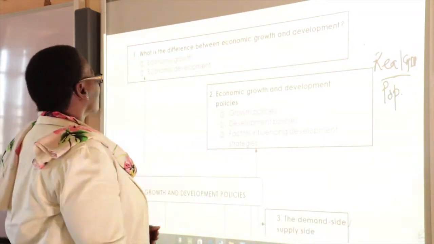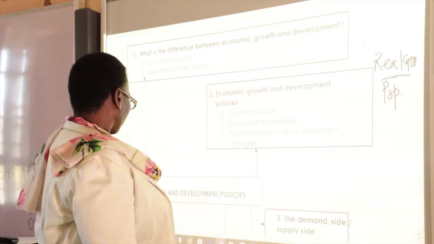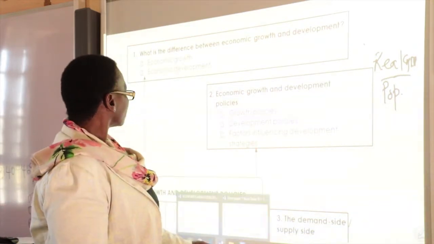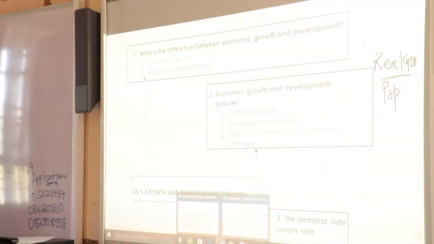So for the developing countries, the real GDP is lower than that of the developed countries. This is right at the end.